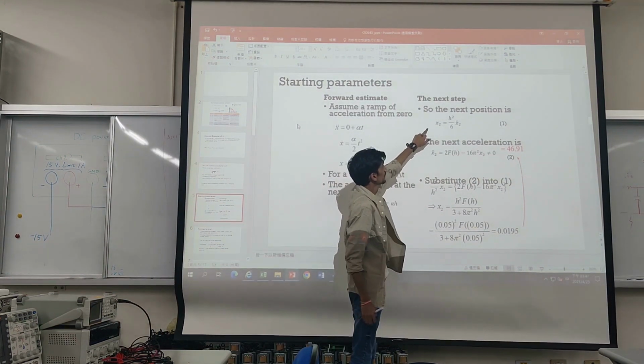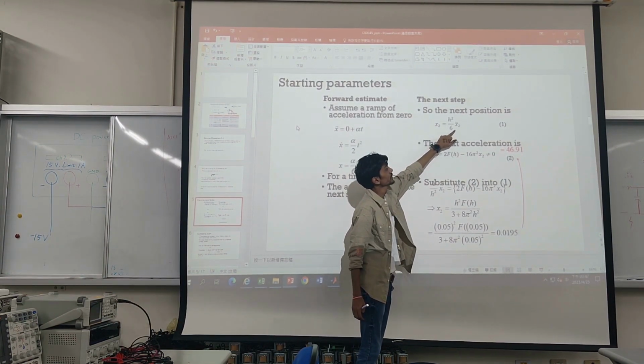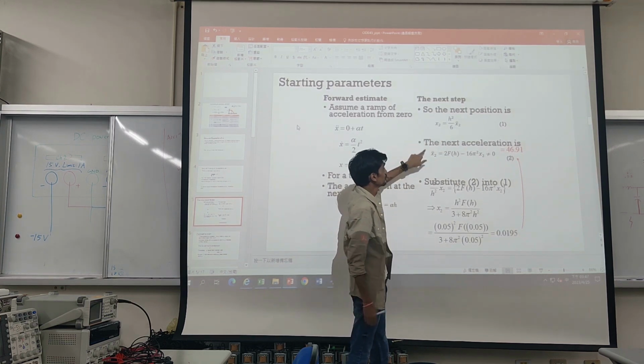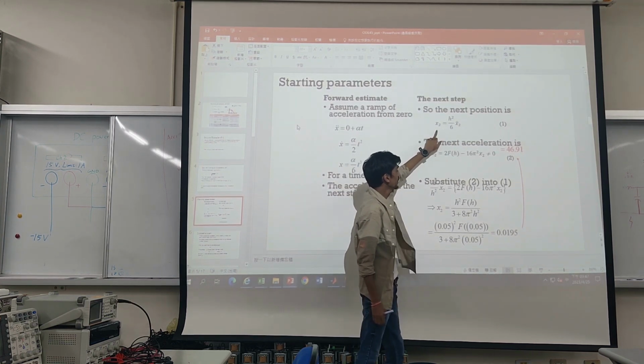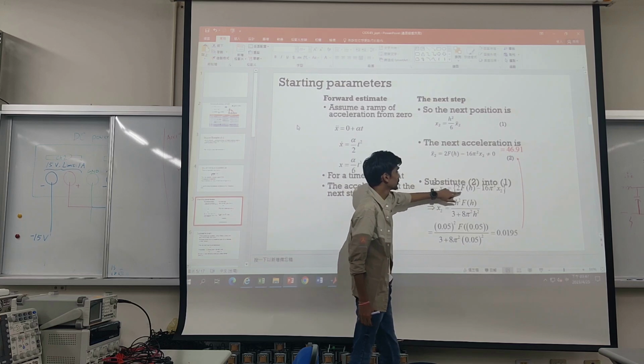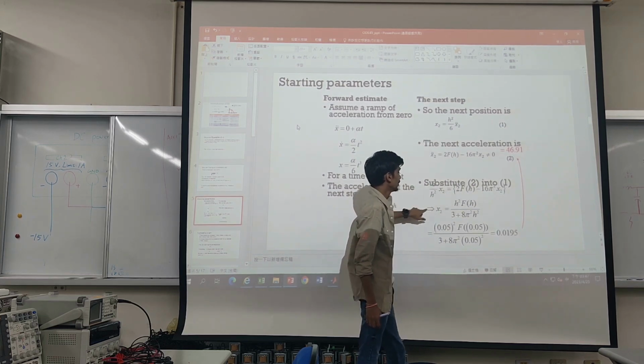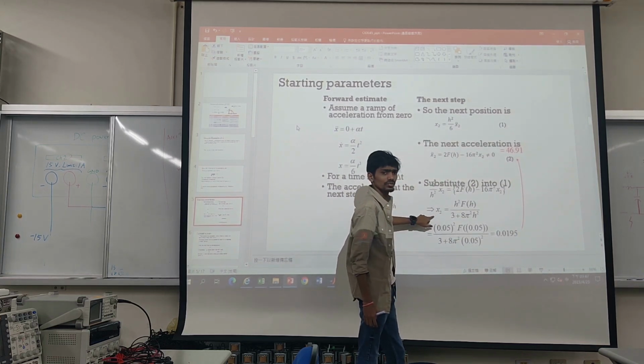Now we have the displacement equation. This acceleration x2 double dot we can put in this equation. By rearranging we can get the value of x2 at the second step.